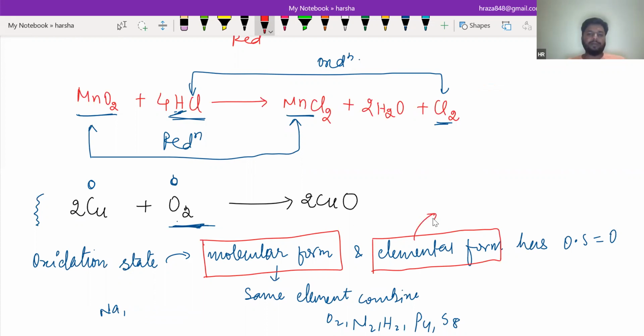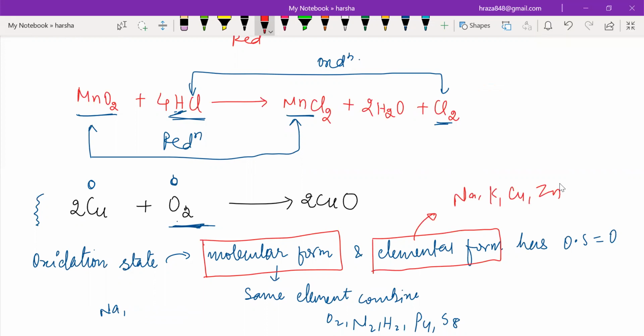Elemental formula means the element is directly given, like sodium, potassium, copper, zinc. There is only the element. You know what an element is, right? Yes, sir. Abdullah, if you have any doubt, ask me. No, sir.